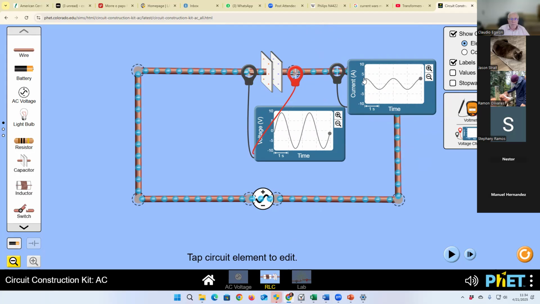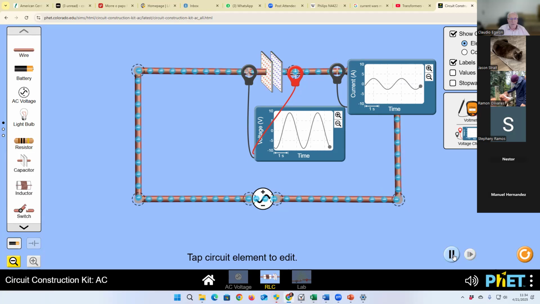At the beginning, we have a maximum current, but the voltage is at a value of 0 volts. See that? That's what we call the current leads the voltage by 90 degrees. The voltage would be somewhere around here in this graph, okay? A 0 value, and the current is ahead of the voltage by 90 degrees. That's exactly what we see in real life.